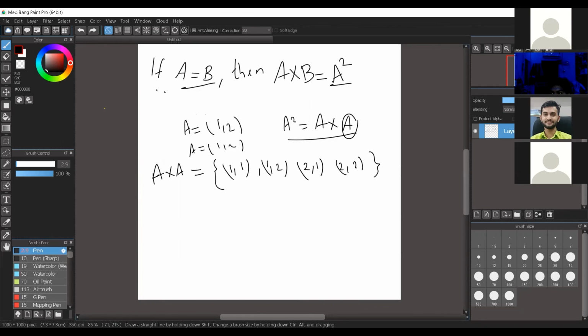We said if set A is equal to set B, it means set A is the same as set B. Let's say set A is 1, 2, and set B is also 1, 2. So we don't need to write set A and B differently. That's why we wrote them the same.